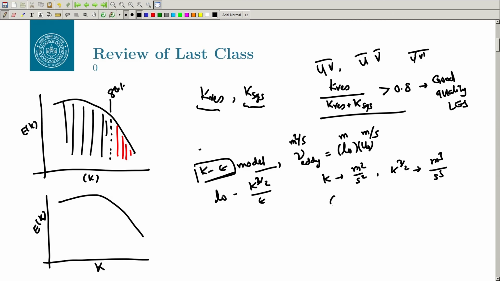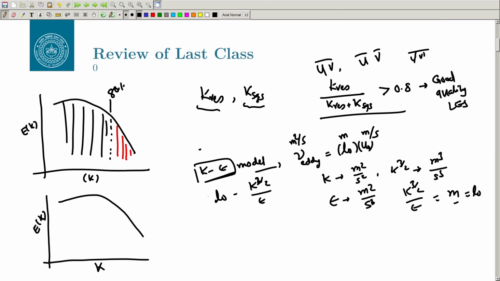Epsilon is the dissipation rate, how much energy is being dissipated per unit time, so meter square per second cube. Meter square per second square is the kinetic energy, and per second of that. So, k to the power 3 by 2 by epsilon gives you the unit of meter, which is the length scale.